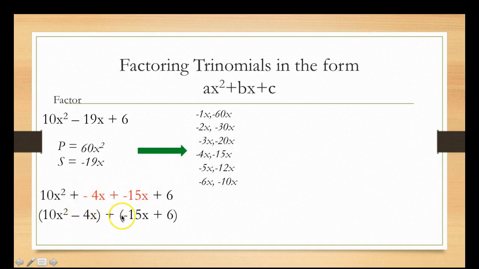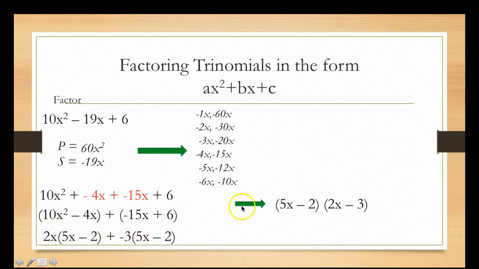Factor by grouping. So I can factor out a 2x from each one of these, and I can factor out a negative 3 from each one of these. What's inside the parentheses will always be the same, and that's one of my factors. And the stuff outside the parentheses will be my other factor.